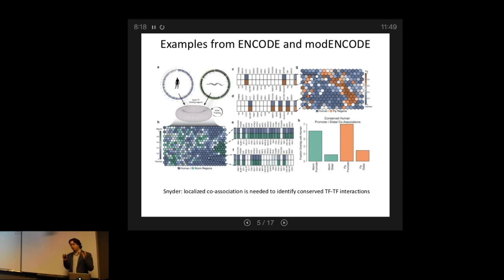But that's because they were looking genome-wide. They were taking these whole genome averages. You know, genome-wide, does CTCF tend to associate with, you know, SOX2 or whatever? And they got just nothing. They used this approach illustrated here of trying to fit self-organizing maps to the genomes. Don't worry about what self-organizing maps are.